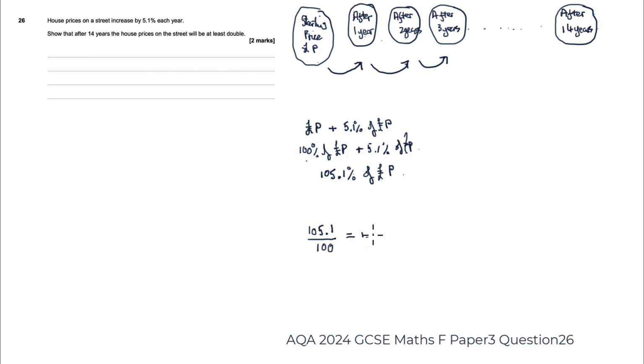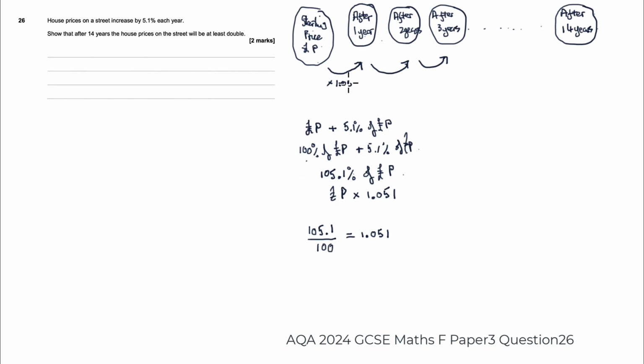So we get 1.051. So to find 105.1% of that initial price, we'll take the price and multiply it by 1.051. And that's what we do to increase this price by 5.1%.